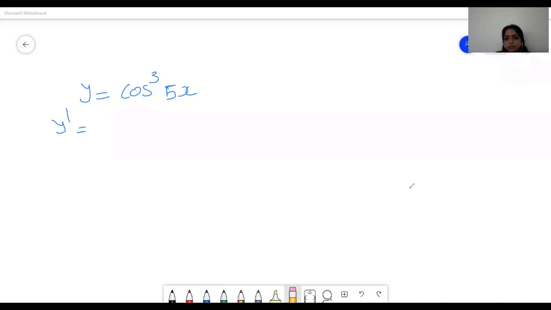Anyone? Depend, unmute yourself and give the answer. Hello. Yeah, ma'am. Yes. 3 cos square 5x into, then minus sine 5x, perfect. Then into 5. Yes, good.